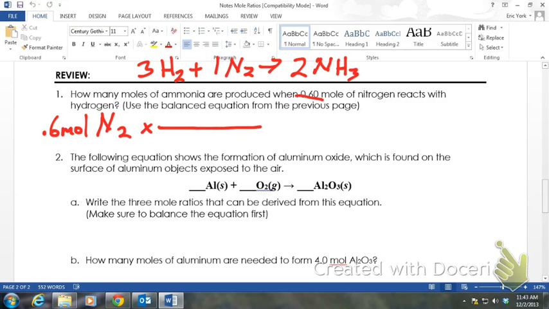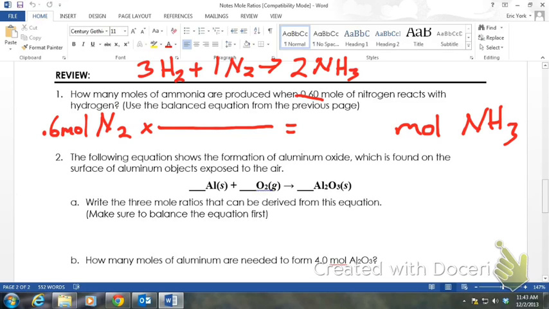Now we put our conversion factor. And what are we wanting to convert it to? What is the question asking? So we are looking for moles of ammonia, NH3. So now this is just like the problems we did a few weeks ago.